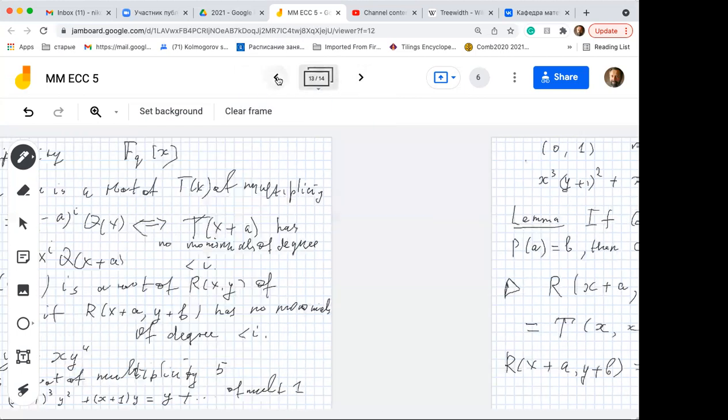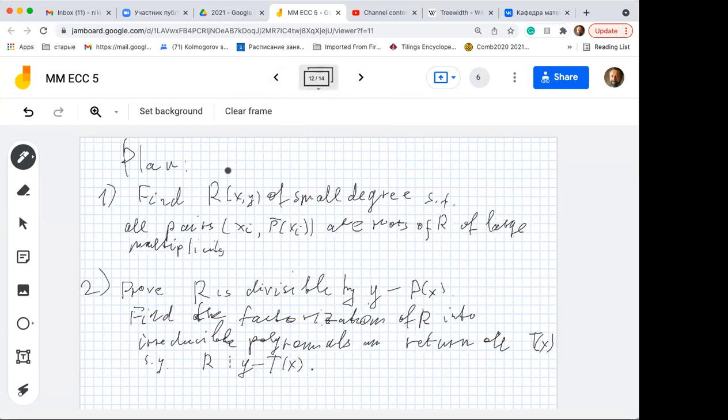So let's recall that this was our first step in our plan: find a polynomial of small degree such that all pairs lying on the graph of the given function are roots of that polynomial of large multiplicity. First of all, I will specify what small degree means.